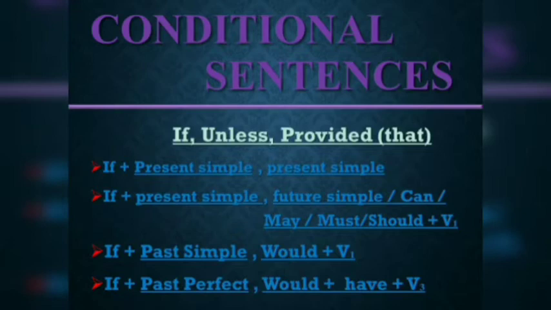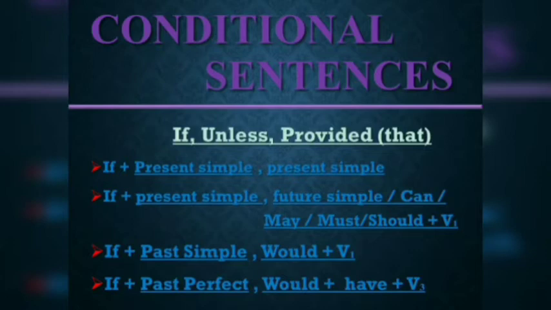So in order to make it clear, I am going to give you a few examples. The first sentence is, if it stops raining now, I repeat, if it stops raining now, I will go to the market.